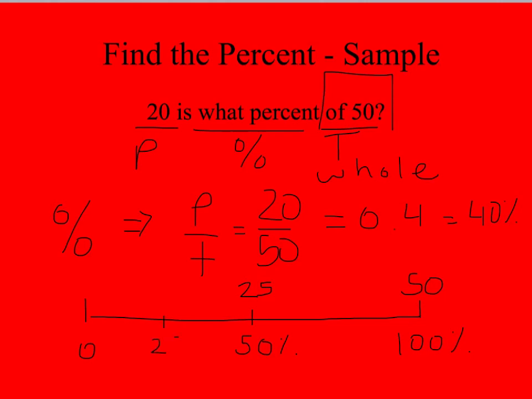So I'm going to go 25%. And then halfway between 0 and 25 is 12.5. So if I look at this, 20 is about here. So it's going to be a little lower than 25. 40% is a little lower than 25, which means my 40% checks out.